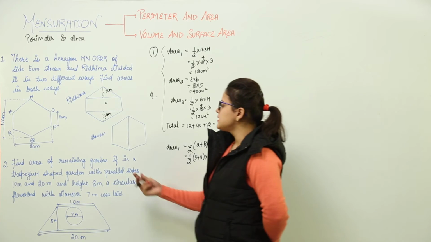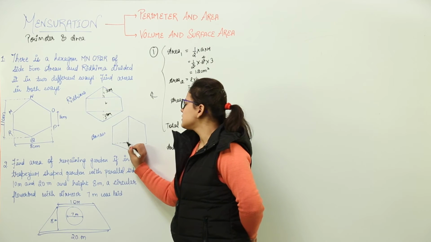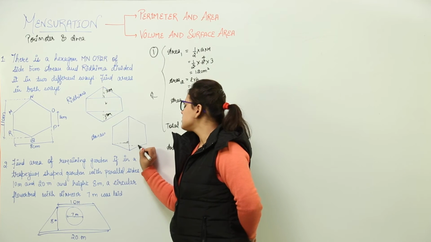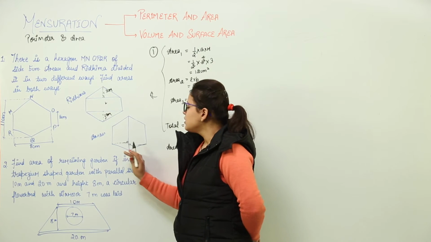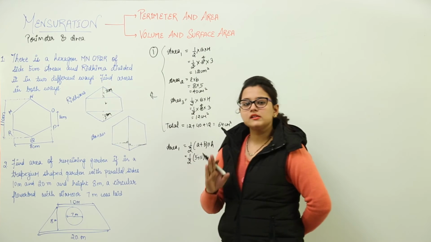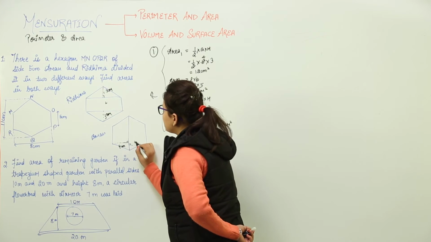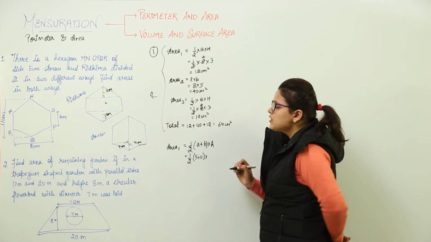What about the height? See, height is actually the perpendicular distance of this vertex, right? And over here also it will be the same. So we know this total distance is how much? 8. And if you divide 8 into 2 equal parts, it would be 4 each. So we get the heights of both the trapeziums as 4 each.